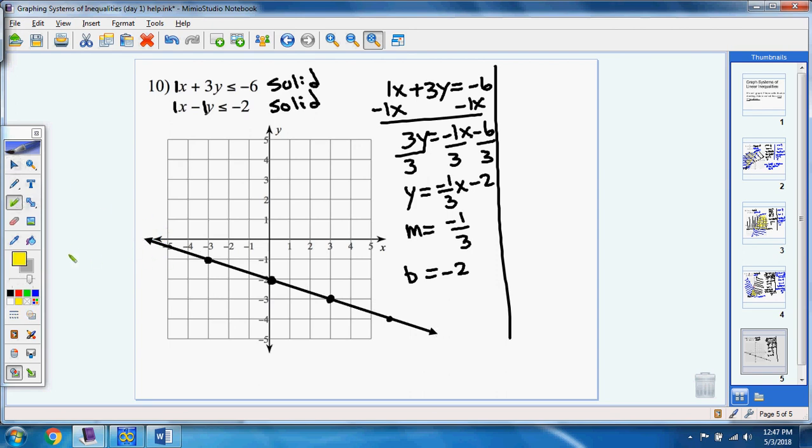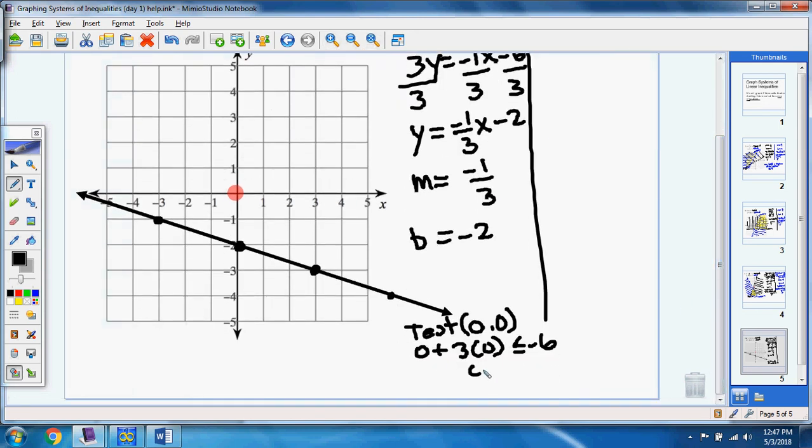We're going to test the origin on the original, remember. So I have x, which is just 0, plus 3 times 0, less than or equal to negative 6.